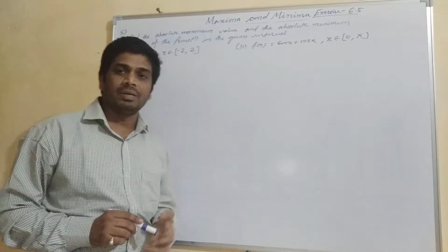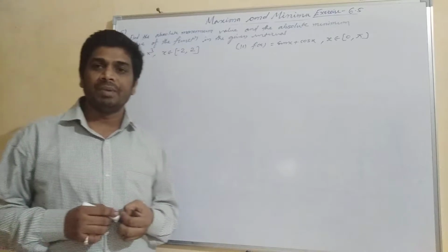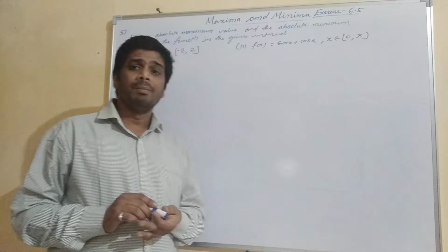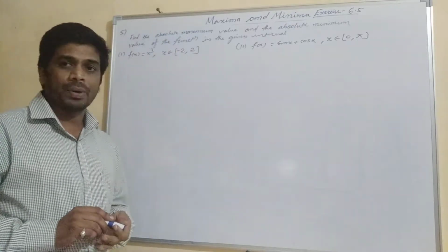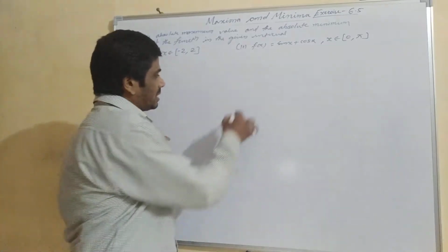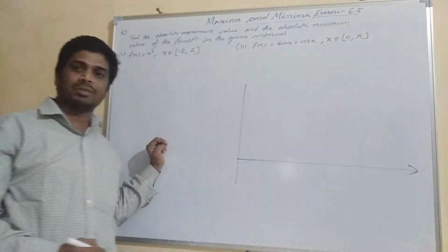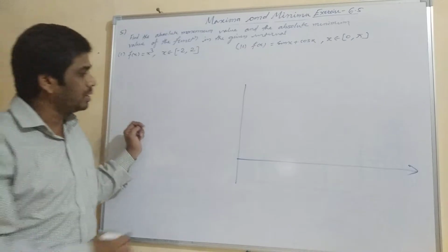We already learned absolute maxima and absolute minima in the intro class of the maxima and minima topic. So in short, we will discuss what absolute maxima and absolute minima are.